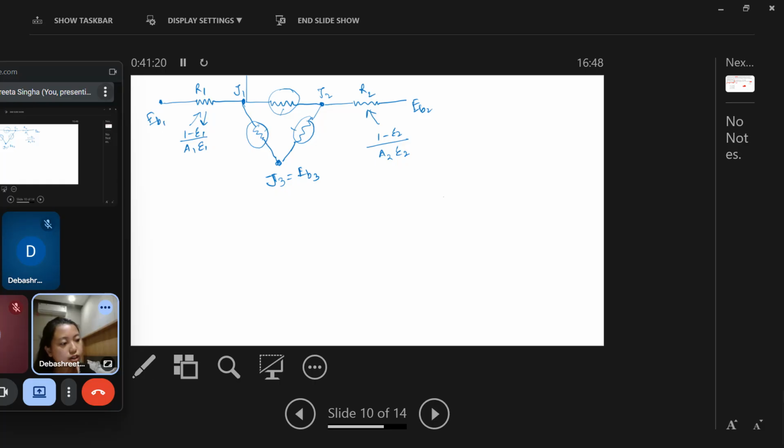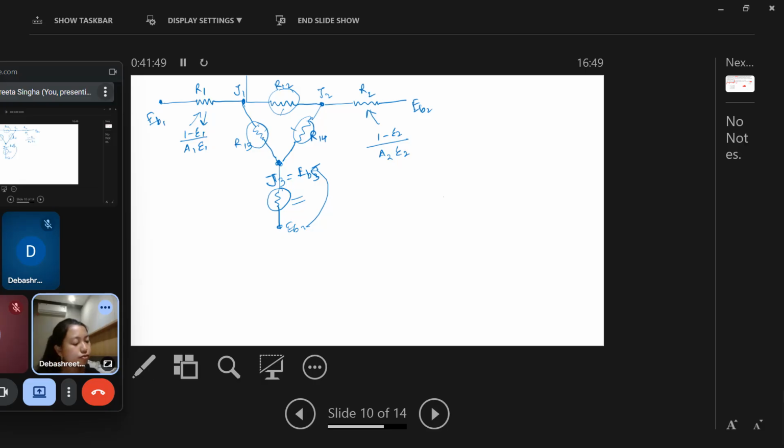These three are suppose R12, R13, R23. For the third node also you can draw like this. But since the room is very large, the resistance is very less, so this resistance is almost negligible. So we can directly write E_B3 as equal to J3.